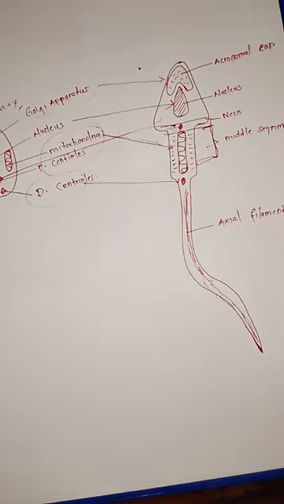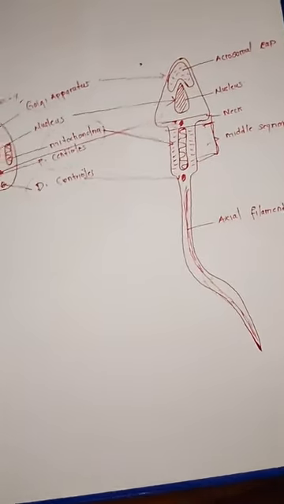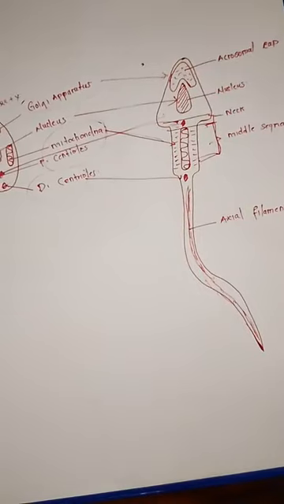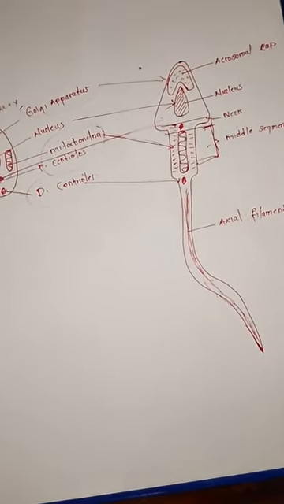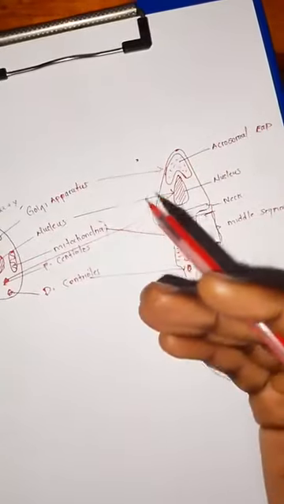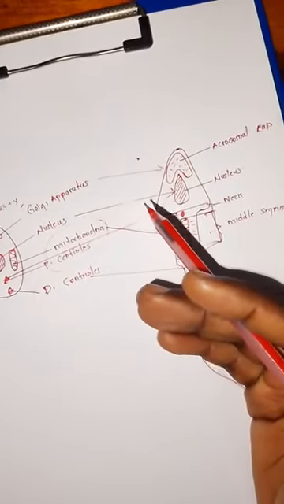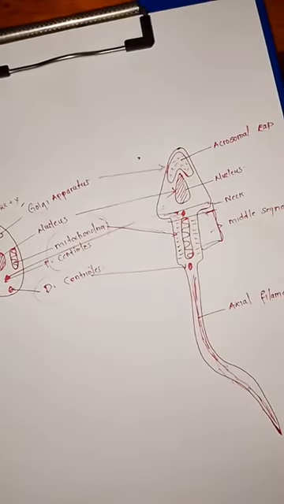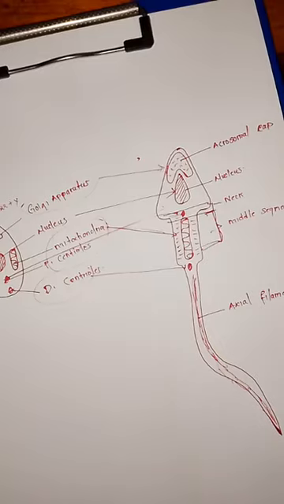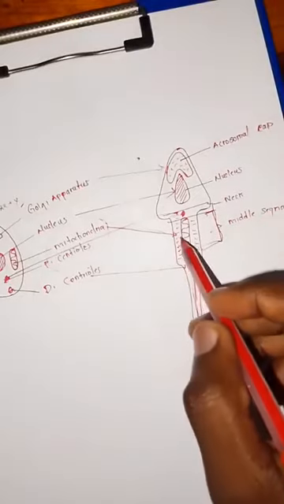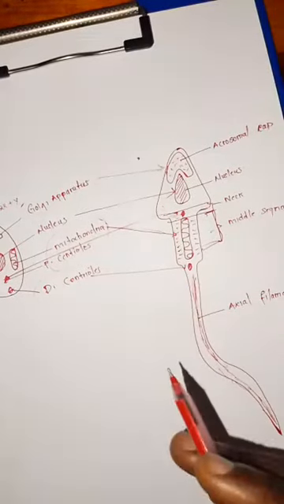It is also going to be charged to get the full ability so that it can cause the release of enzymes from the acrosomal cap, because this acrosomal cap has the ability to release certain enzymes that cause the degradation of the zona pellucida, as well as other components of the ovum, so that it can create a way for the fusion of the genetic material in the nucleus of this spermatozoa and that of the ovum.